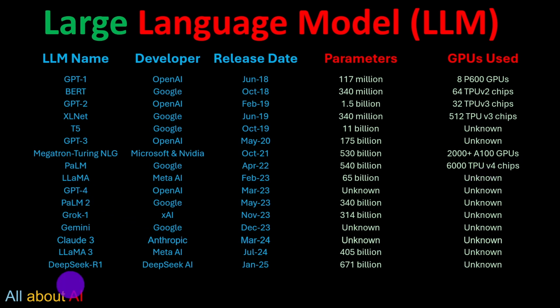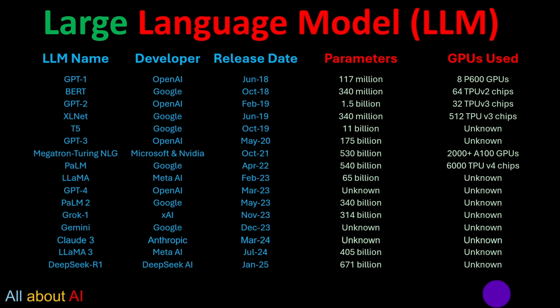All the proprietary or prominent models nowadays don't publish the number of GPUs they have used, but you can guess from the trend. It started with 8 in GPT-1, and by the time of GPT-2, it was 32 TPU, and PaLM used around 6,000 TPU.